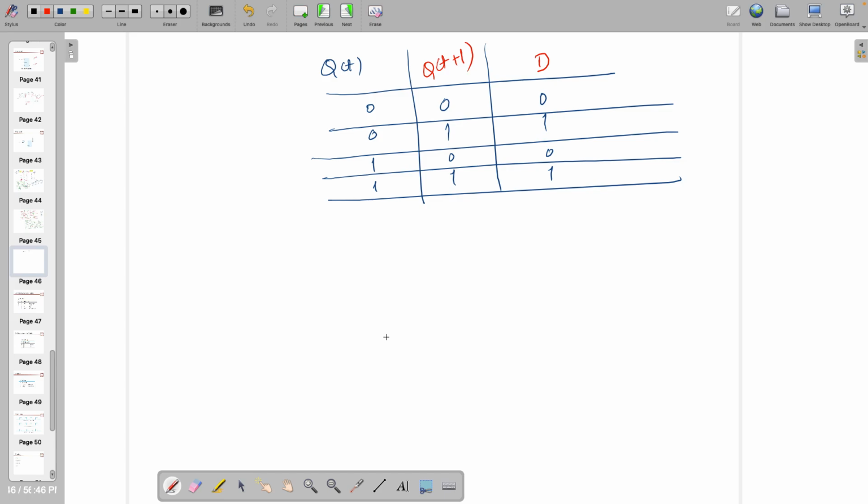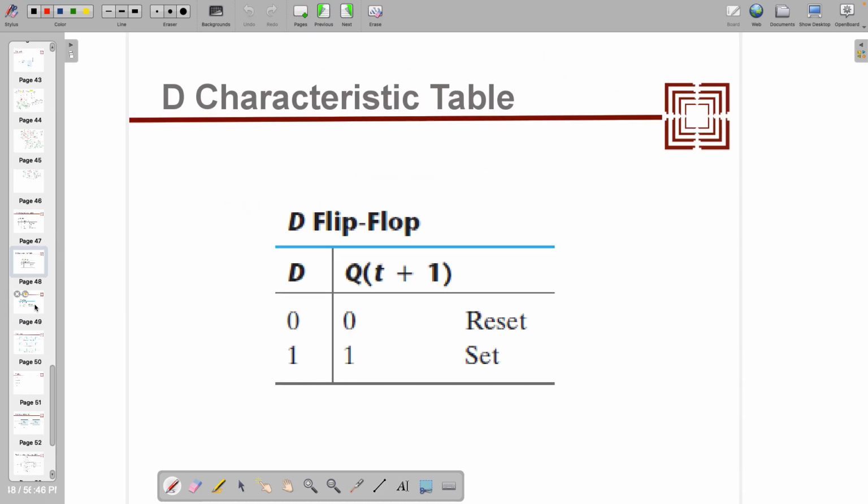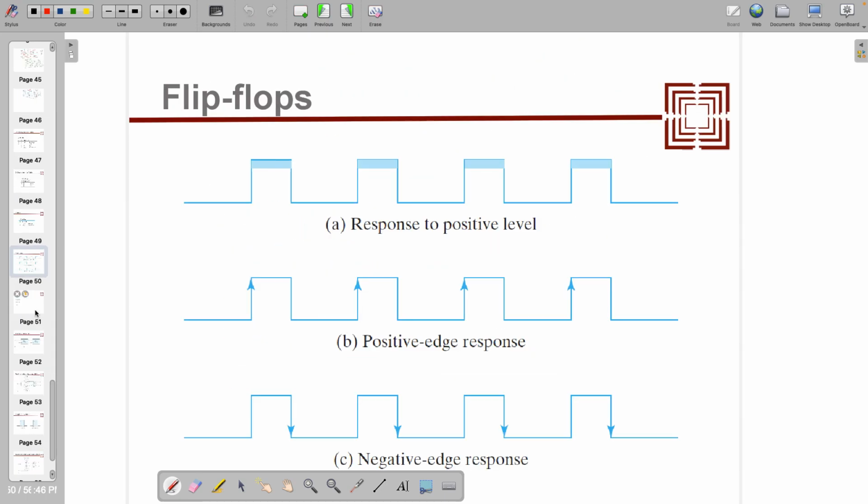But in the case of T flip flop or T latch, it has to be complementary, right? Because it's complementary of Q(t+1). So that is what is going to happen. That's what you can write down. So these are the excitation tables for all four flip flops and latches we studied.